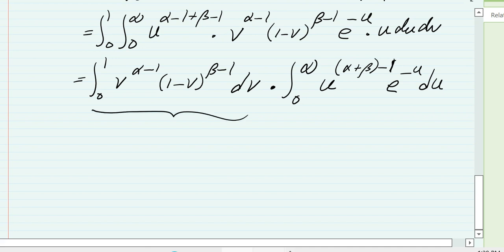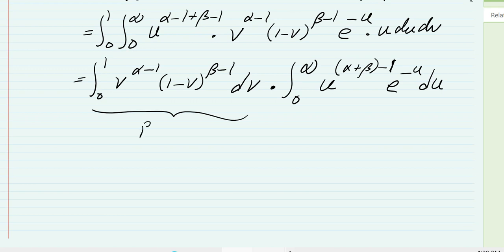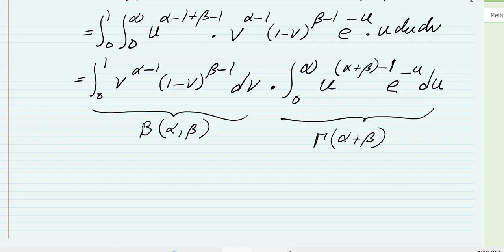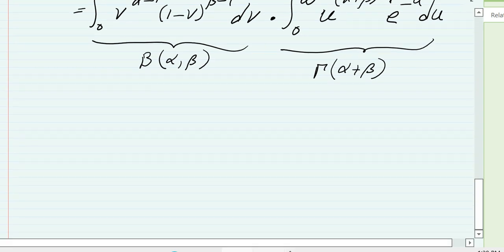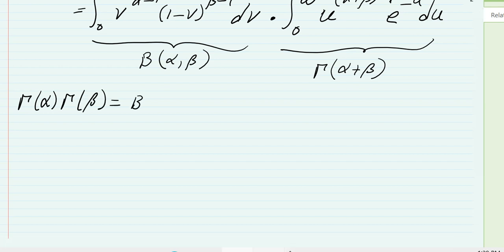Good, so it's looking good so far. Now we can recognize this as a beta, right? That integral is simply beta of alpha, beta, and this integral is our gamma function, gamma of alpha plus beta, because the exponent on u is alpha plus beta minus 1. Thus we can write the following relationship. We can say that gamma alpha times gamma of beta is equal to the beta function times the gamma of alpha plus beta, and you kind of see where that's going.